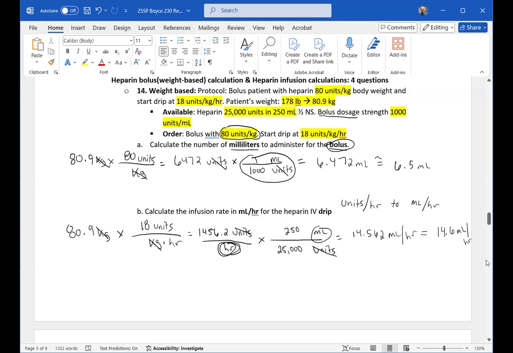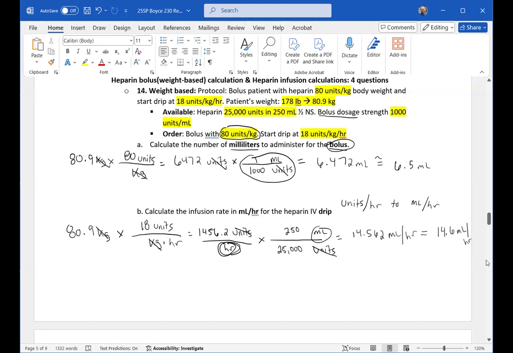For a standard heparin weight-based protocol, you're always going to start off by calculating a bolus at 80 units per kilogram and starting a drip at 18 units per kilogram per hour. That doesn't change. Your available also seems to be fairly consistent: 25,000 units, 250 ml, and a bolus dose of 1,000 units per milliliter.